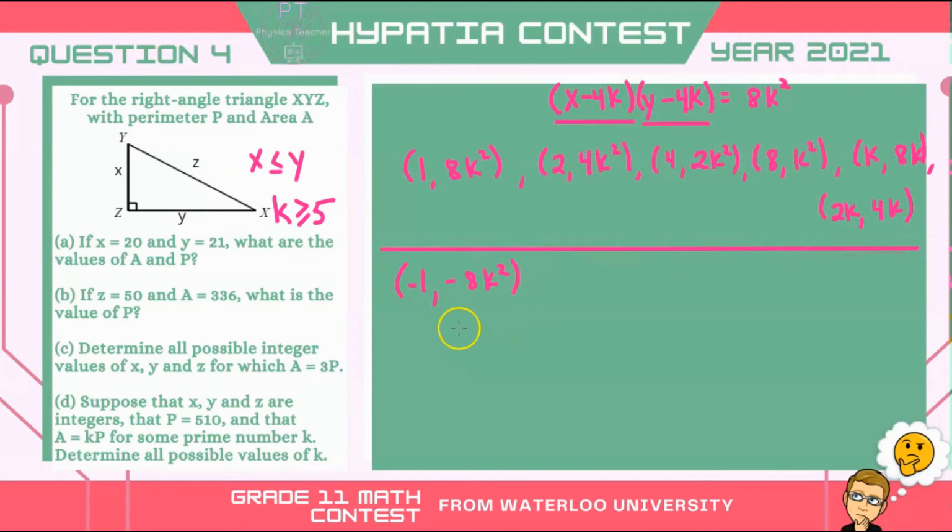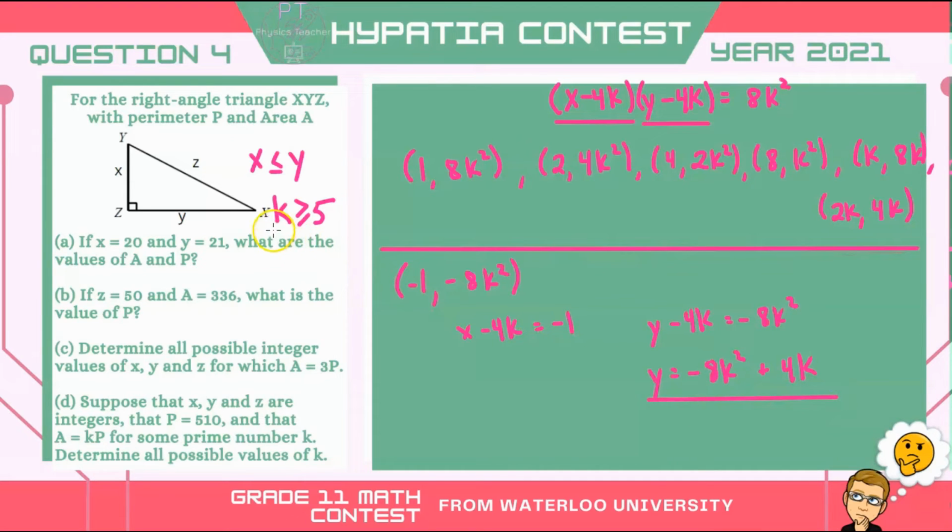So if x minus 4k is going to be equal to negative 1, and y minus 4k is going to be equal to negative 8k squared, then rearranging to solve for y, we get y equals negative 8k squared plus 4k.